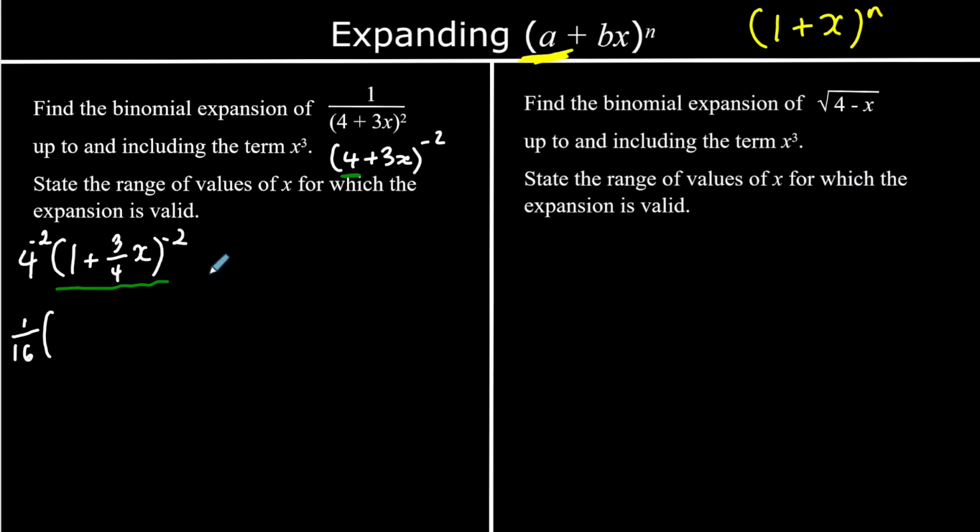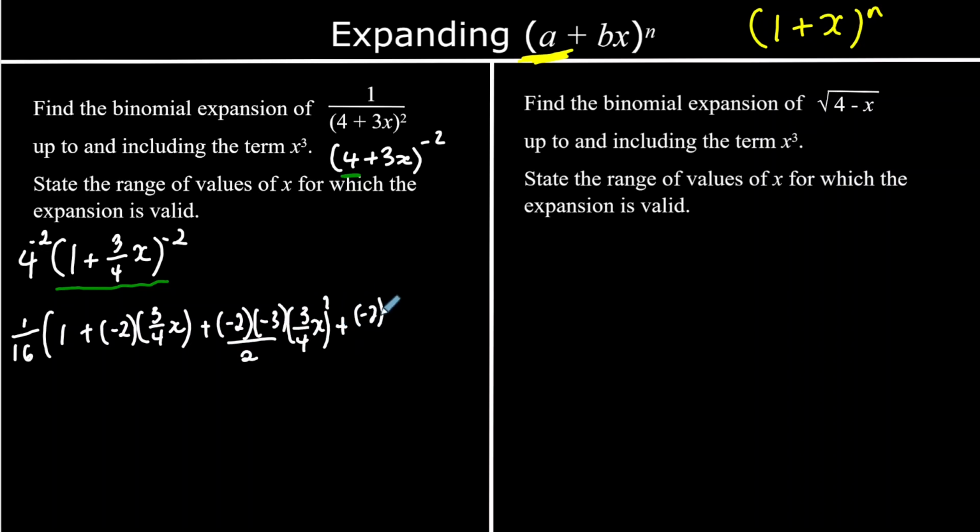So the expansion is 1 plus nx, which is negative 2 times 3/4 x, plus n times n minus 1 over 2 x squared, plus n times n minus 1 times n minus 2 over 6 x cubed.